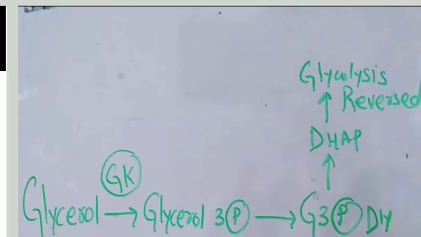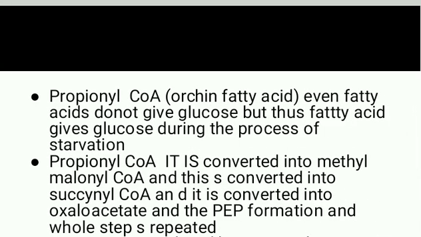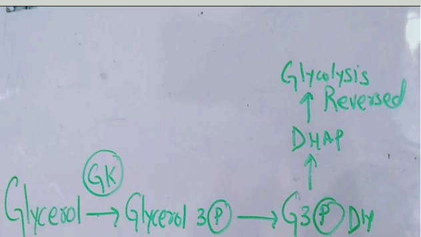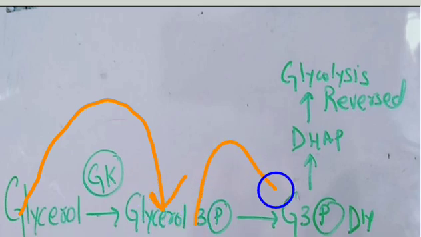Next, how is glycerol converted into glucose? We can see that glycerol is converted into glycerol 3-phosphate. Glycerol 3-phosphate is converted into dihydroxyacetone phosphate. Basically, this is the glycerol 3-phosphate dehydrogenase enzyme.